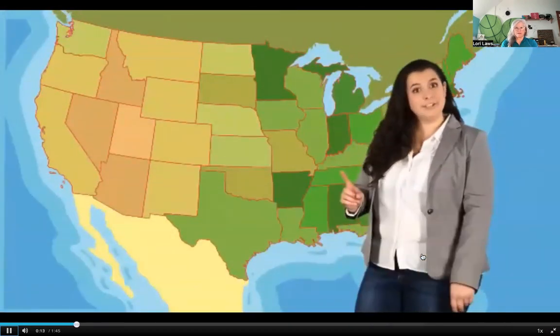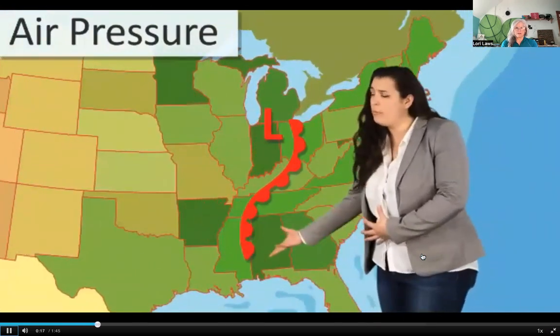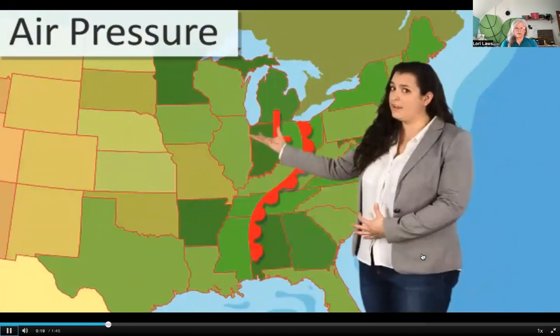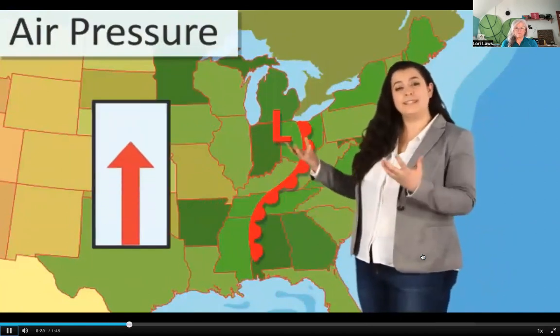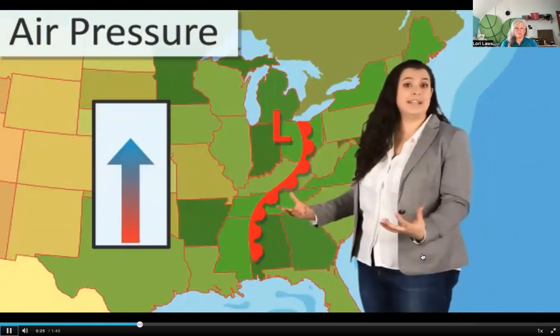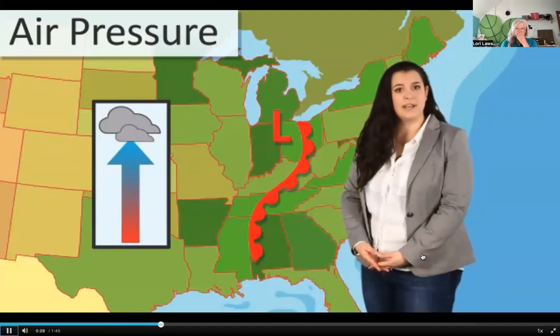Thanks, Miguel. Well, folks, it looks like there's a big storm heading our way. Let's take a look at the factors that are causing this weather. First, there's air pressure. This red line represents a low pressure system heading our way. A low pressure system has warm, wet air that rises up and then cools down. When it does that, it forms clouds.